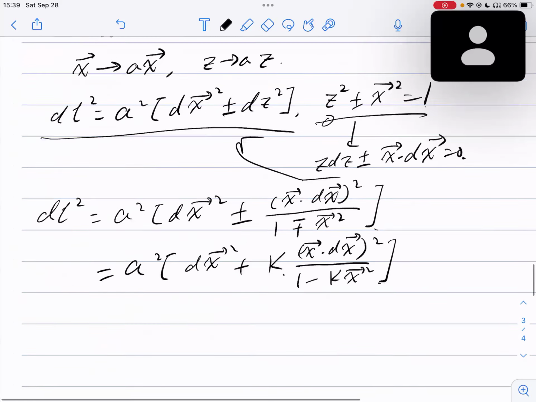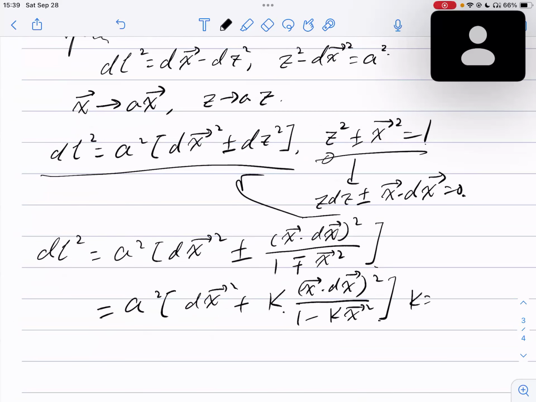Well, in these equations, k can be positive 1, minus 1, and 0. The positive one means spherical, the spherical case we have just talked about, just like a spherical surface, although this surface is actually a hypersurface and the dimension is 3. And minus 1 means the hyperbolic one, and 0 means flat space.